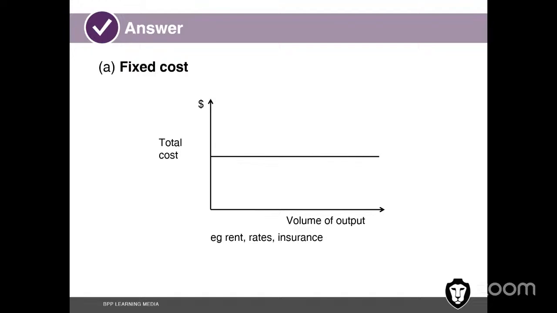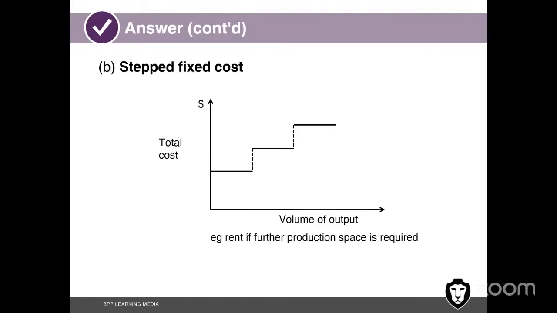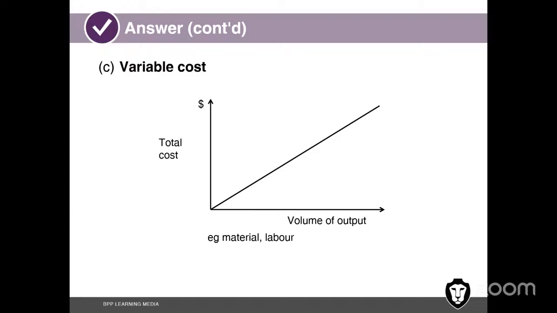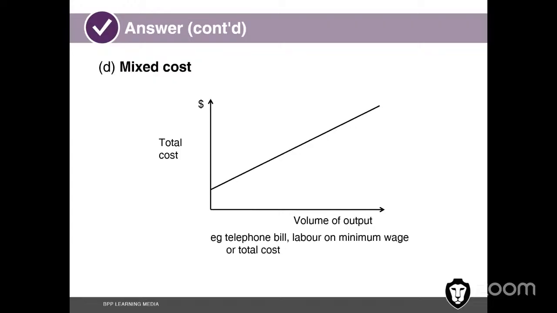So it can look the same. Even though this is total fixed cost, you can have a diagram like this, which also means variable cost per unit. So this is total step fixed cost. This is total variable cost. And then this would be the mixed cost.